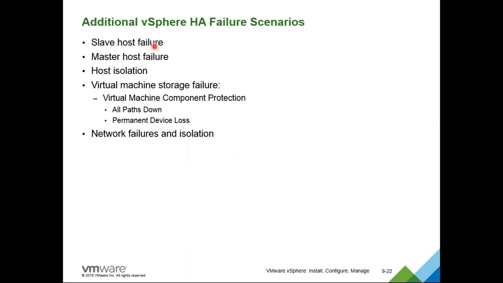Let's talk about slave host failure. It might be down with a hardware failure or software failure. If there is a hardware failure, you will receive a purple screen of death on your ESXi host screen, and after 11 seconds your vCenter will identify that the slave host has failed. Then it starts functioning.